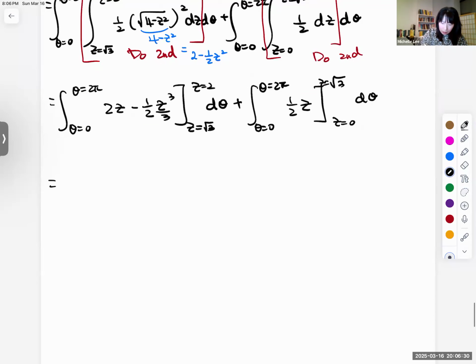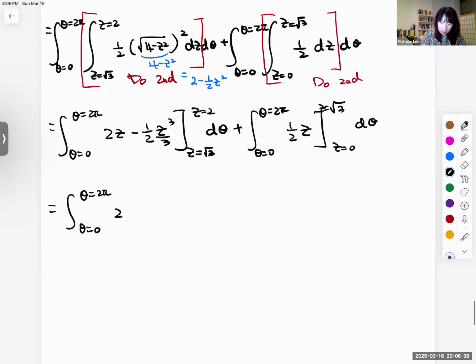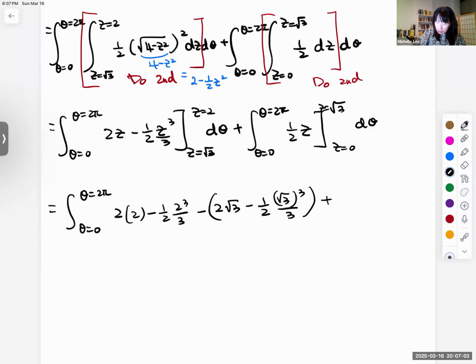Okay, so let's evaluate. So 2 minus 1/2 times 2 cubed over 3, minus 2 square root of 3 minus 1/2 square root of 3 cubed over 3, plus 1/2 square root of 3.